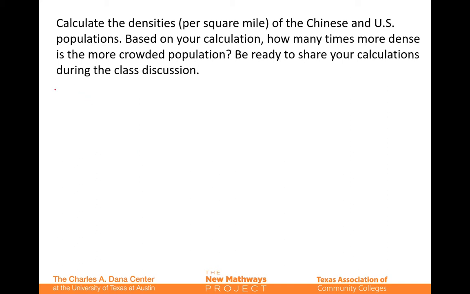So if we look at China first, China's population is 1,339,190,000 people. And we want to label this because labels make sure we do ratios and rates correctly. And the area was 3,705,000 square miles.